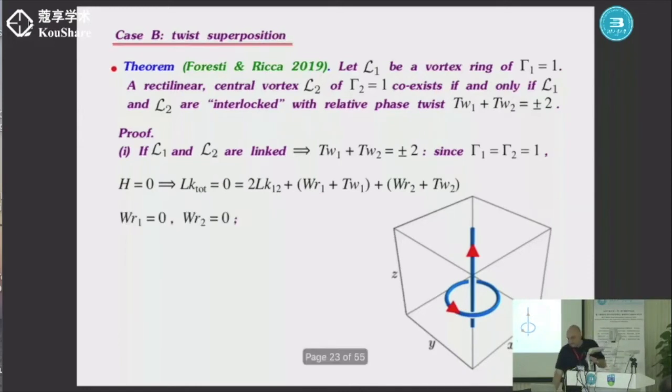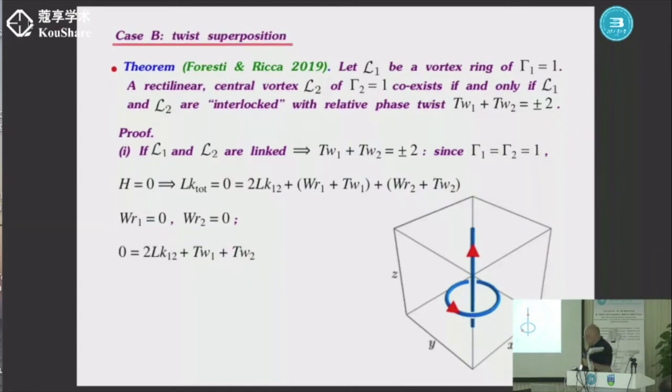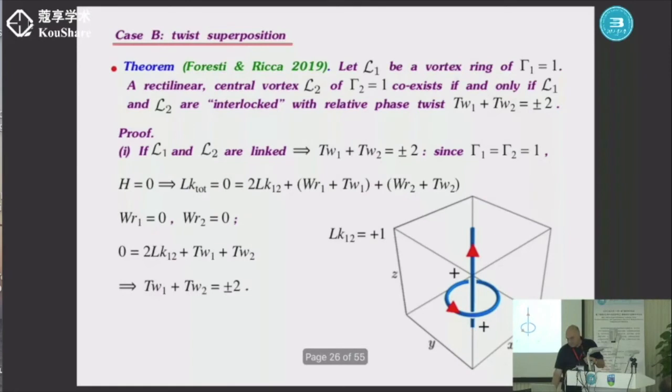But the writhe of each component is, of course, 0. Remember, the writhe of a planar circle is 0, and the writhe of an infinitely straight line is 0. So this is 0, and so we have 0 equal to this, and evidently we have this result.